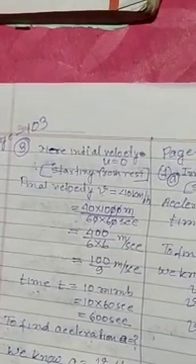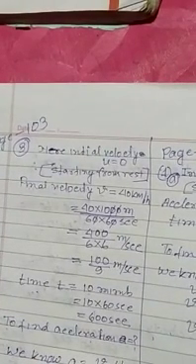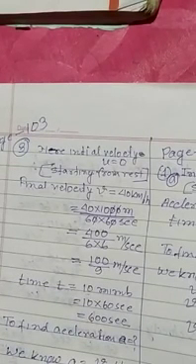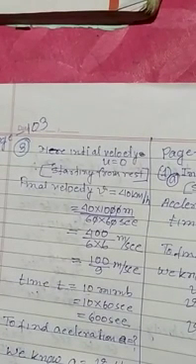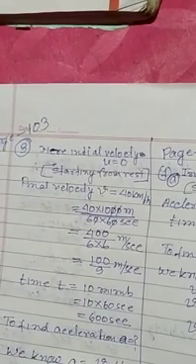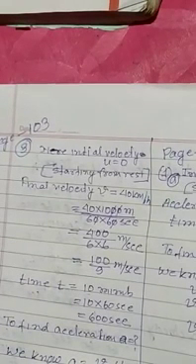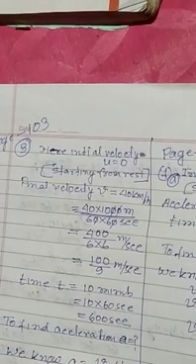103, question number 3. A bus starting from rest acquires a velocity of 40 km per hour after 10 seconds. What is the acceleration? Initial velocity equals 0 as the bus starts from rest. If it comes to rest, then final velocity is 0.